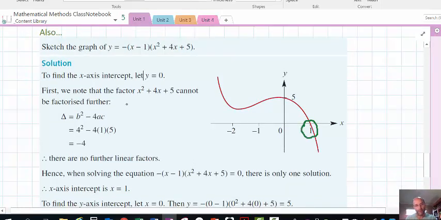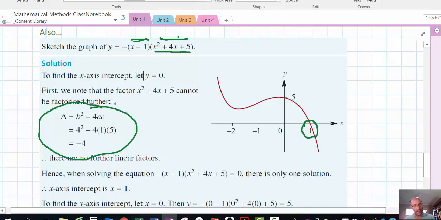If we look at this one, it's only got 1 x-intercept, or 1 factor. So basically that comes from the fact that if this one could be factorized into 2 factors, it would give 2 of the factors, and this would give the 3rd factor here. But this quadratic factor, if we apply the discriminant on there from our work on quadratics, it cannot be factorized further.